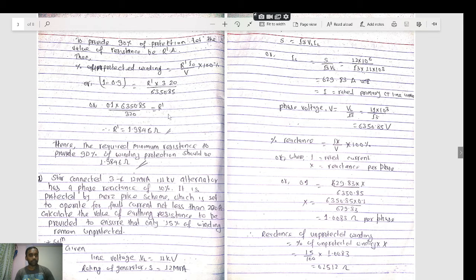So R dash equals 0.1 into 6350.85 divided by 320, that is R dash equals 1.9846 ohm. This is the required value of the earth resistance to give 90% winding protection.